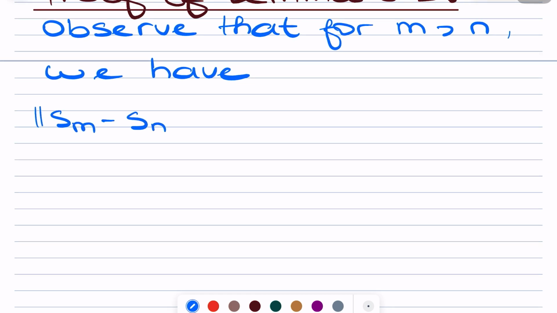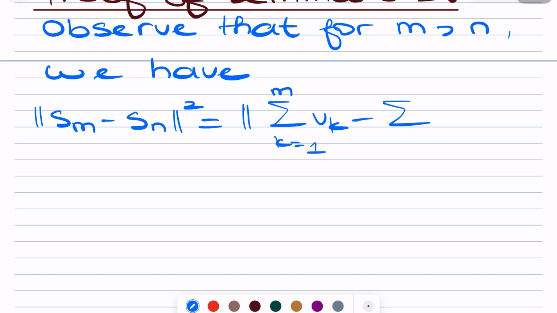As I said, we want to show that Sn is a Cauchy sequence. The norm of Sm minus Sn squared is equal to, let me go slowly, the summation of the vk, k running from 1 to m, minus the summation of vk, k running from 1 to n, squared.